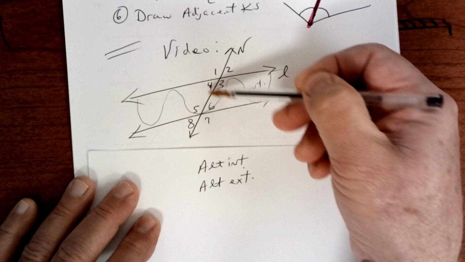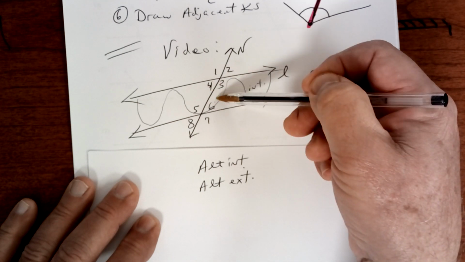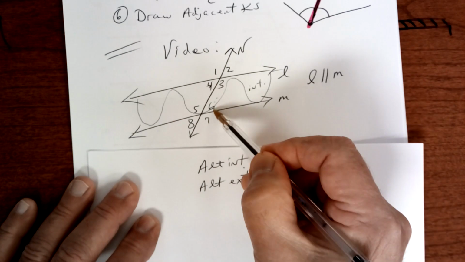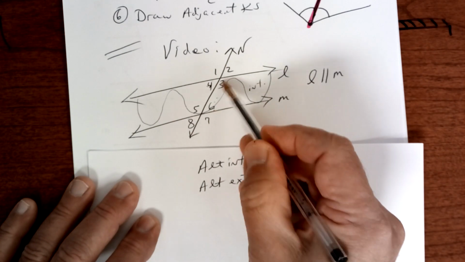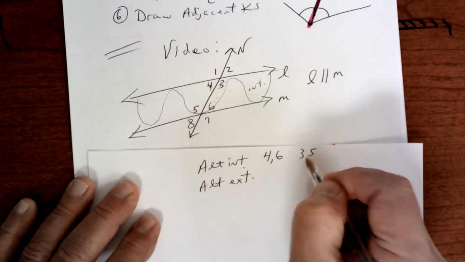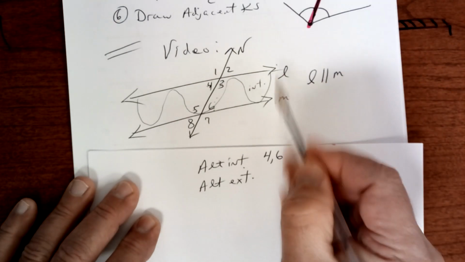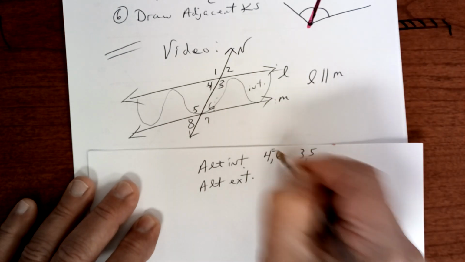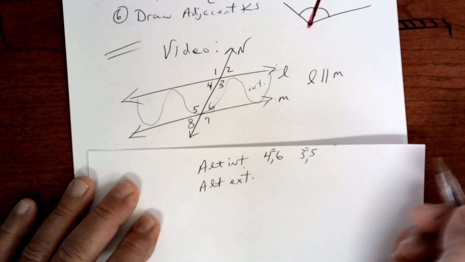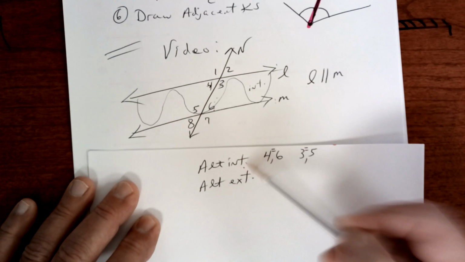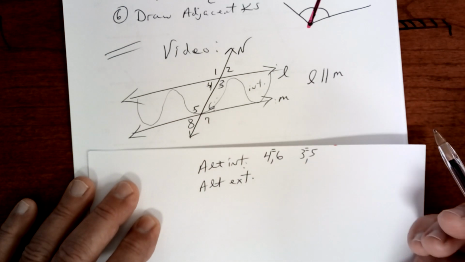So 4 and 6 are alternating interior. And 3 and 5 are alternating interior. And if the lines are parallel, they're equal. 4 is equal to 6 and 3 is equal to 5. If the lines are not parallel, they're still alternating interior. They're just not equal. Okay?